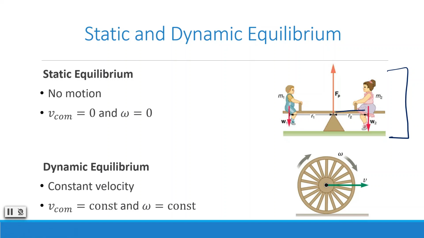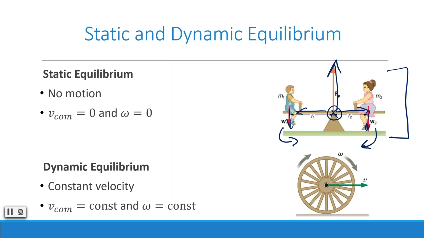Each of these kids is creating a torque, and those torques are in opposite directions about the axis of rotation, the fulcrum. Additionally, the downward forces from the kids are balanced by the upward force of the fulcrum. So you have both net force being 0 and net torque being 0.